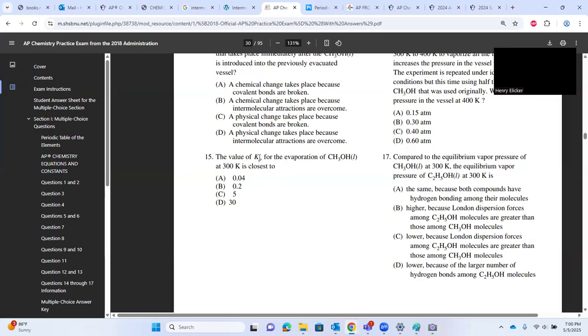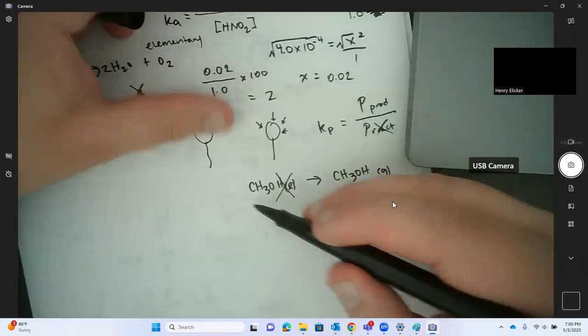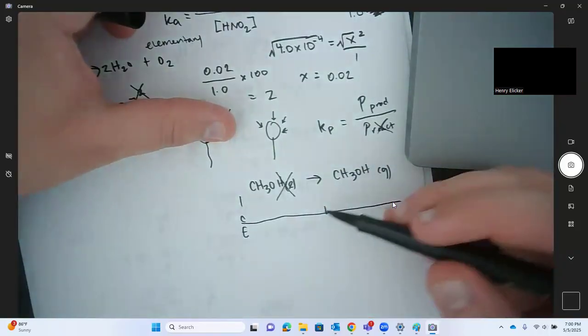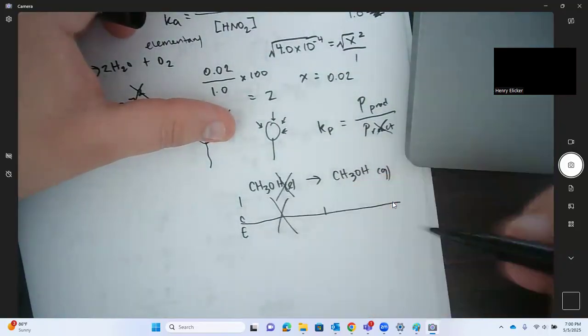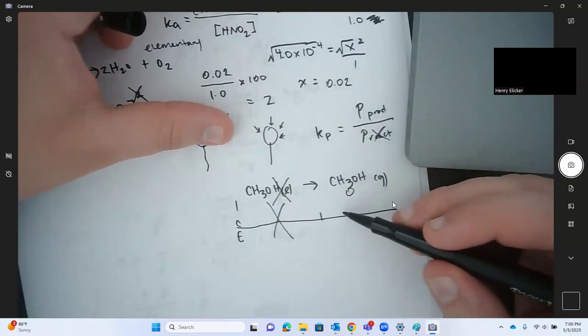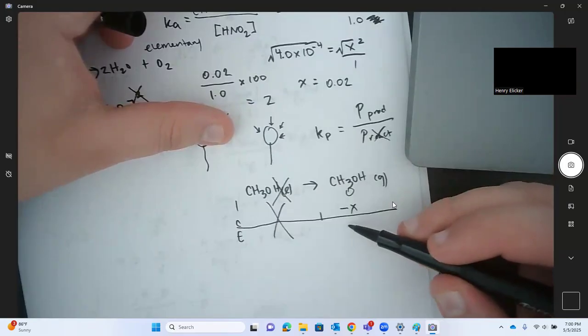And if you do a little ICE table, you can see that. First of all, cancel the liquid. We don't even care about that. Initially, it's 0 in the cylinder. There's a change in the vessel.